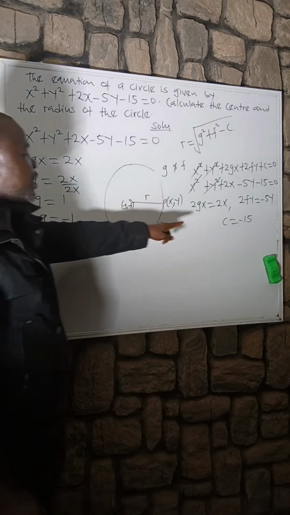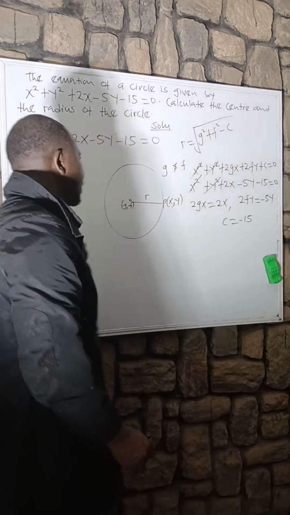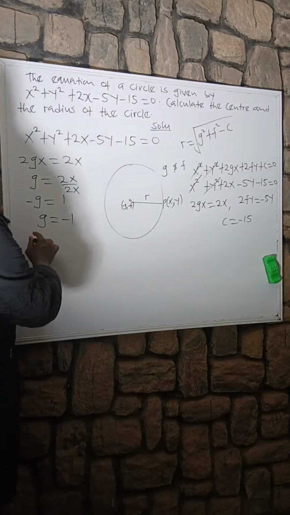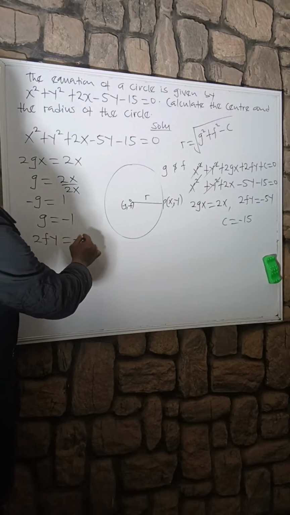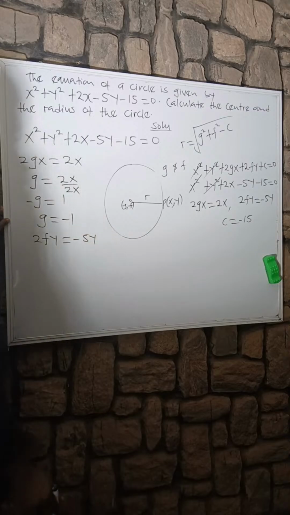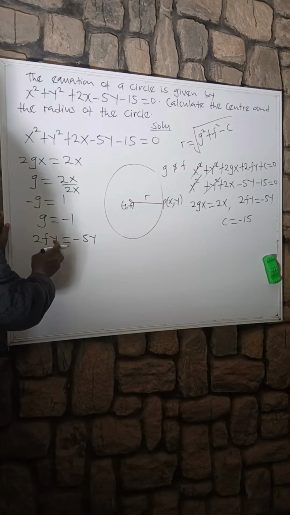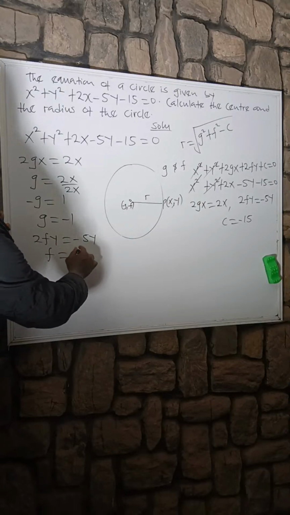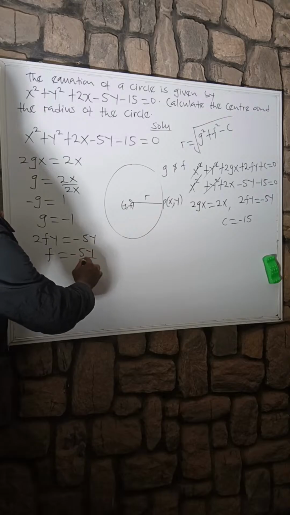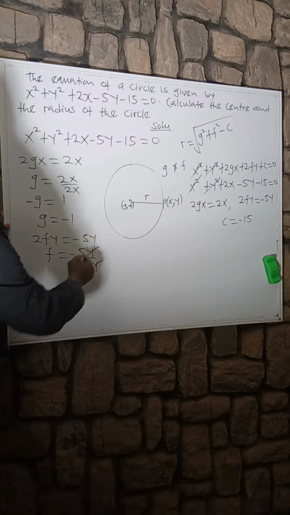Then the same thing applies to this. So here we are going to write 2fy equals minus 5y. As you can see now, you divide by 2y, and you are going to have f equals minus 5y all over 2y. So this and this will go.